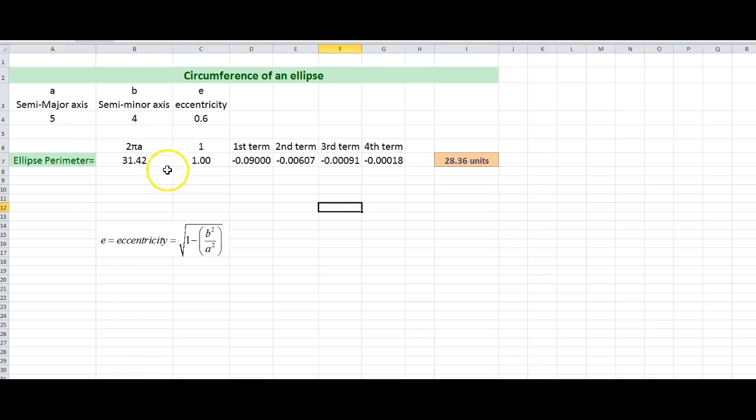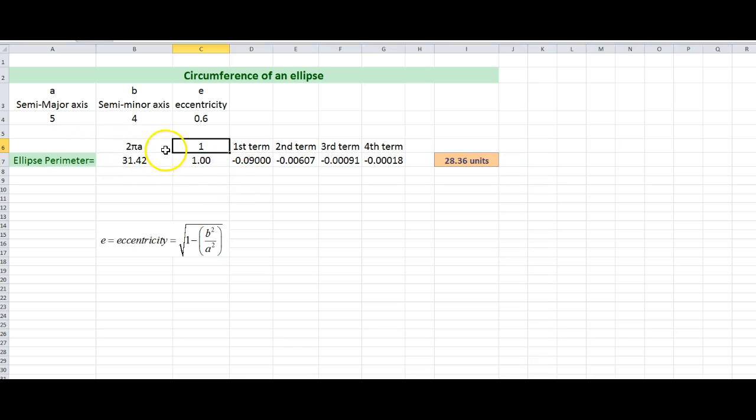Okay, let's use our equation to solve the circumference of an ellipse. And let's say our semi-major axis is 5, our semi-minor axis is 4, and from that we calculate the eccentricity, which is 0.6. So okay, here's our ellipse perimeter is equal to the first term, second term.